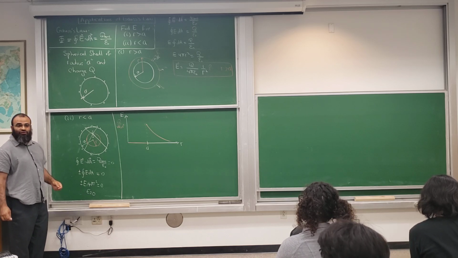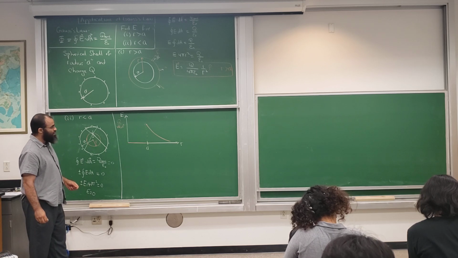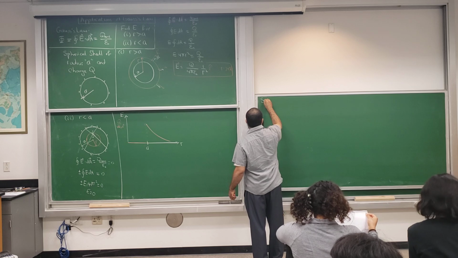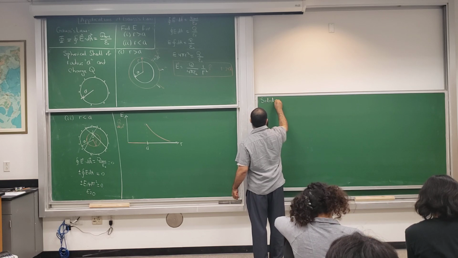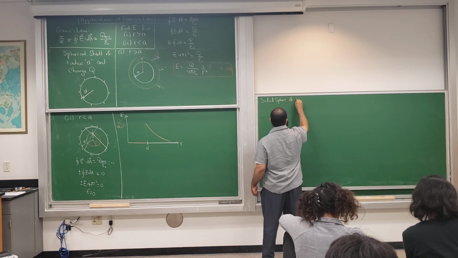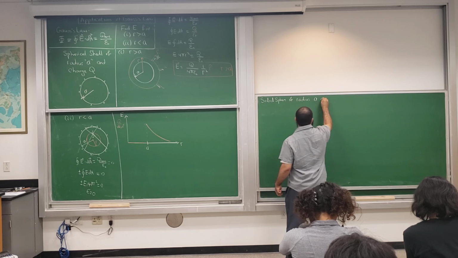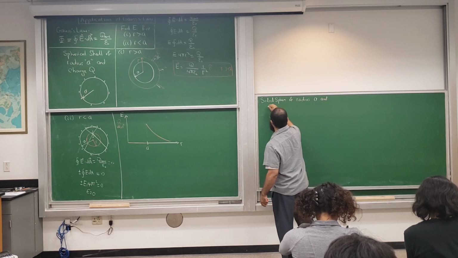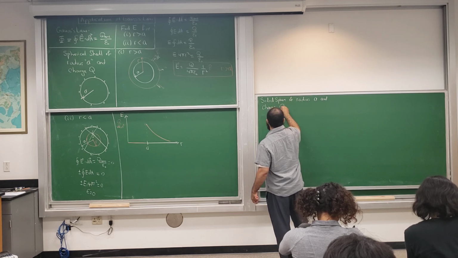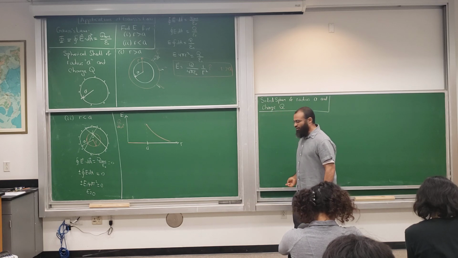Okay, we're going to go to a solid sphere, right? A solid sphere of radius A and charge Q. So R equals A. Here is a solid sphere.